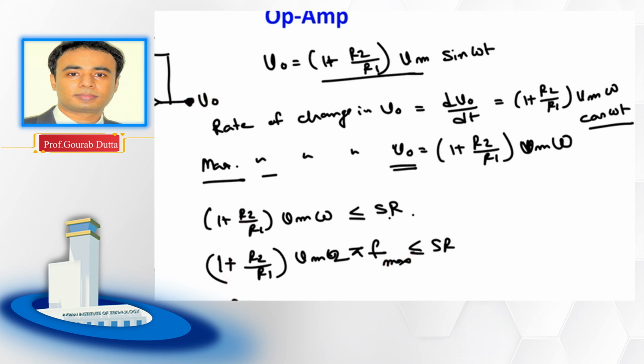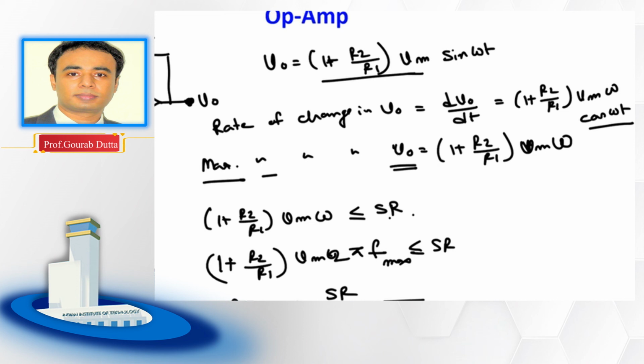Then what will be the value of this maximum frequency? The maximum frequency should be less than or equal to the slew rate divided by 1 plus R2 by R1 into, obviously the 2 pi term is also here, so it is 2 pi into 1 plus R2 by R1 into Vm, right.